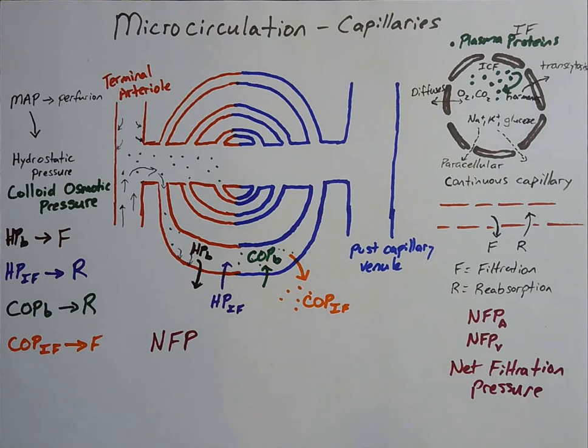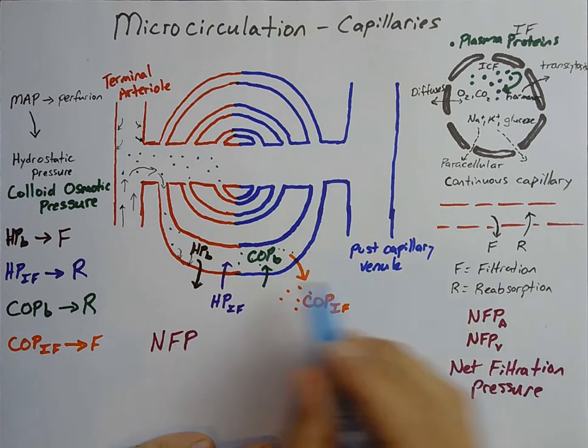And if we end up with a value that promotes filtration, we're going to end up with what's called a positive value. We're going to have net filtration, hence net filtration pressure. And what you guys are going to see is we're going to create a formula here.